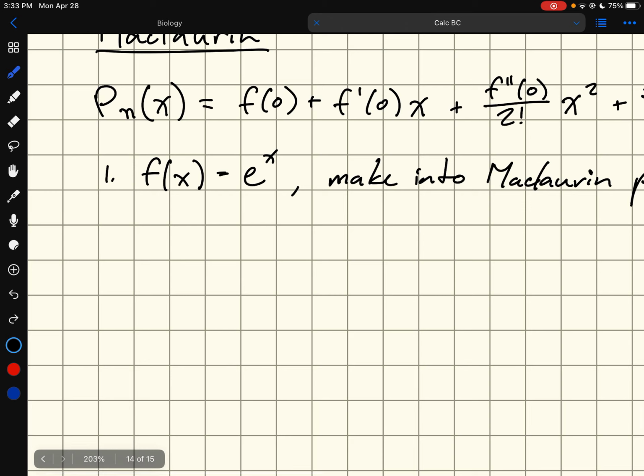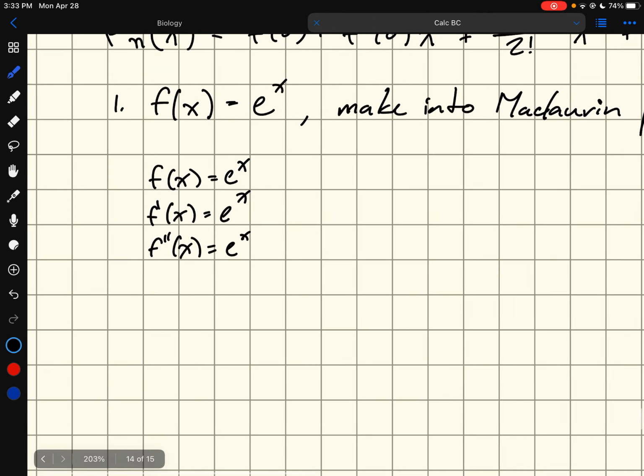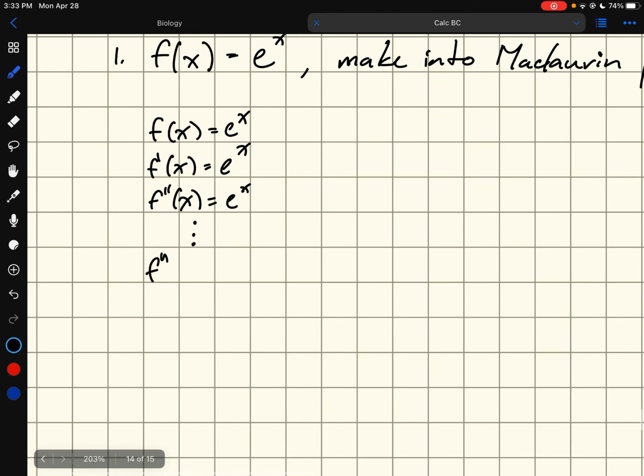We start out with f of x, and then we take the first derivative. The derivative of e to the x is just e to the x. Then the second derivative is still e to the x. So no matter how many derivatives you take, it's going to be e to the x.